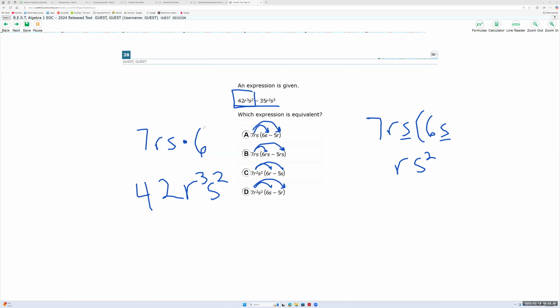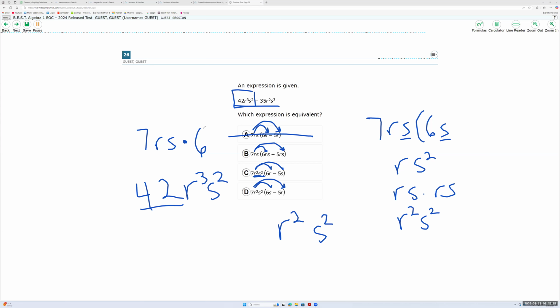It's only 1R. The second one has RS times RS, and that's going to be R squared S squared because each R is a factor. So 2 factors, exponent 2. It looks like C might be the answer. Let me see. I know that 7 and 6 is 42. That's always the case. And then I have R squared times S squared from this part.